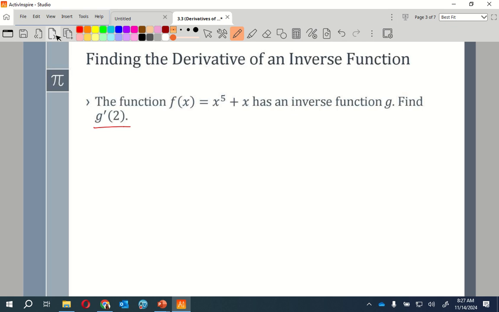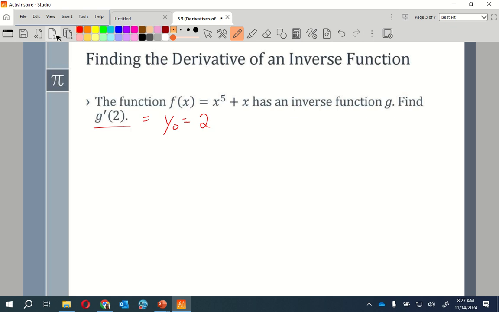That's the y value, the y value of the f. That's important. If you know it's the inverse, it's going to switch the x and the y. So this is just telling me that my initial y is equal to 2. Yes? So that's going to help me out.